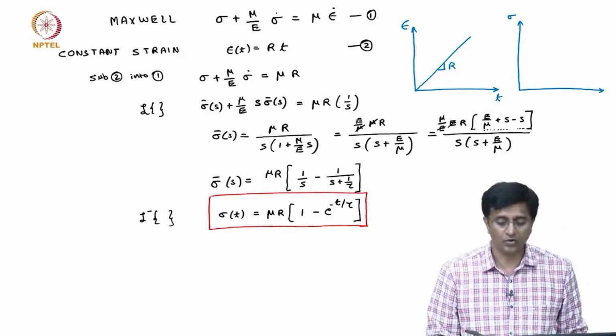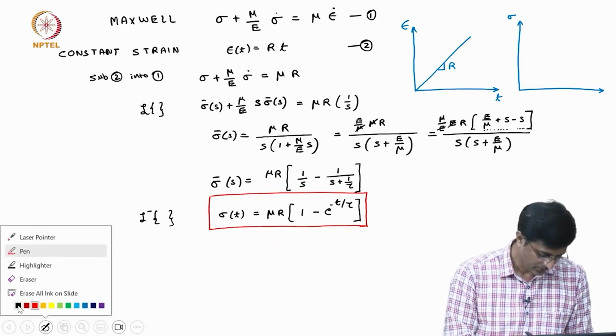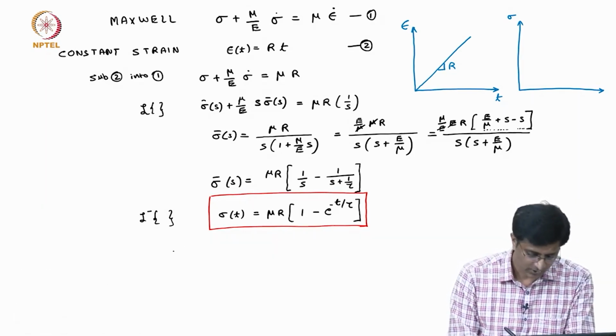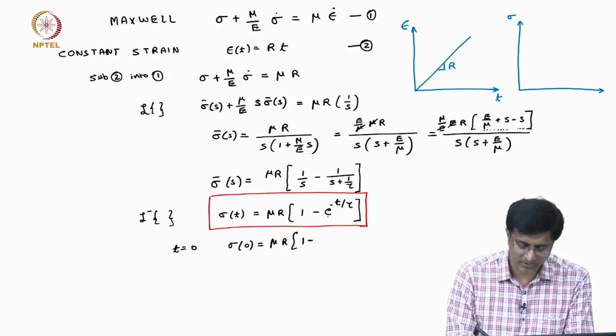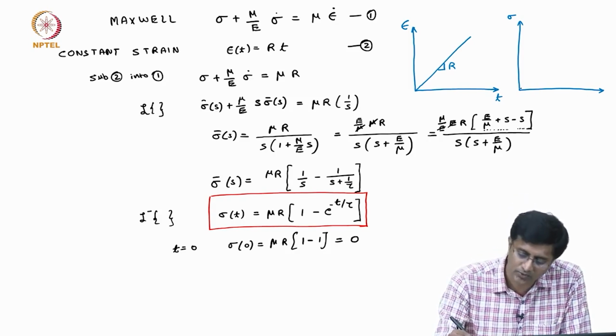Again, now let us see how we plot the response. For that, let us substitute time t equal to 0 in this equation. It should give mu r times 1 minus e power 0, which is 1. Which means the answer is 0 instantaneously, it starts from the origin.